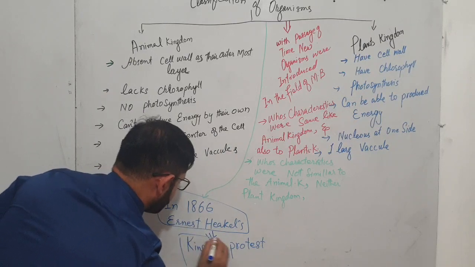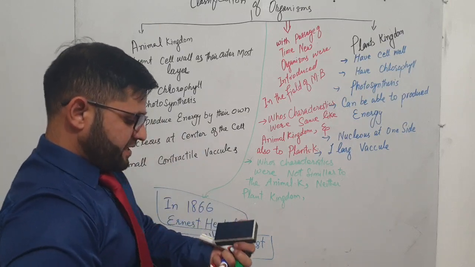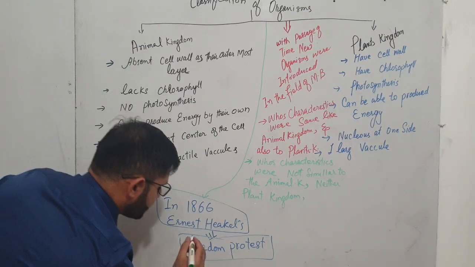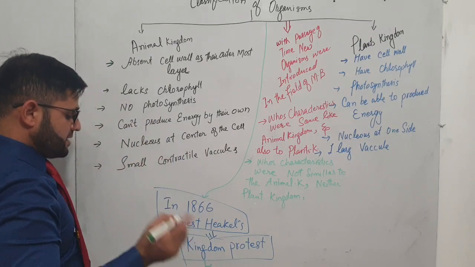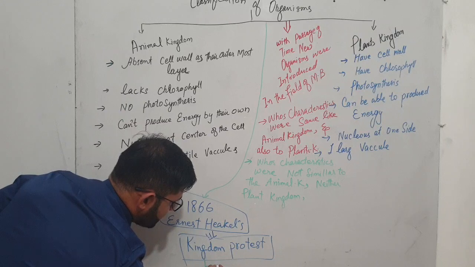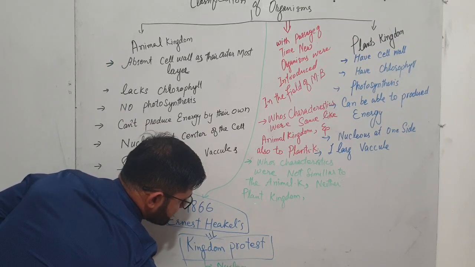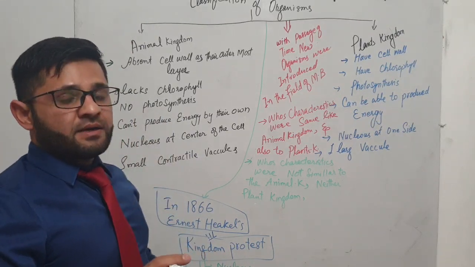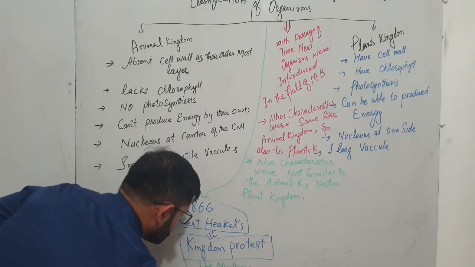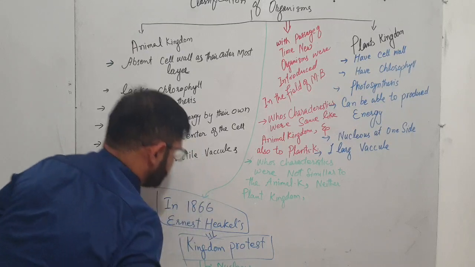In the Kingdom Protista, the organisms were placed on the basis of the structure of their nucleus, as well as on the basis of their cellular organelles.